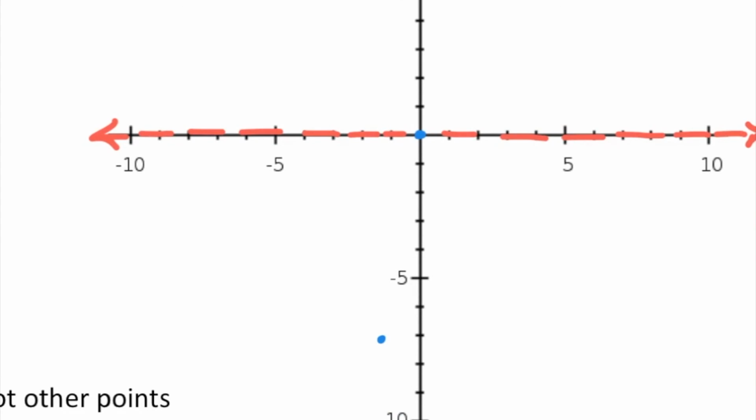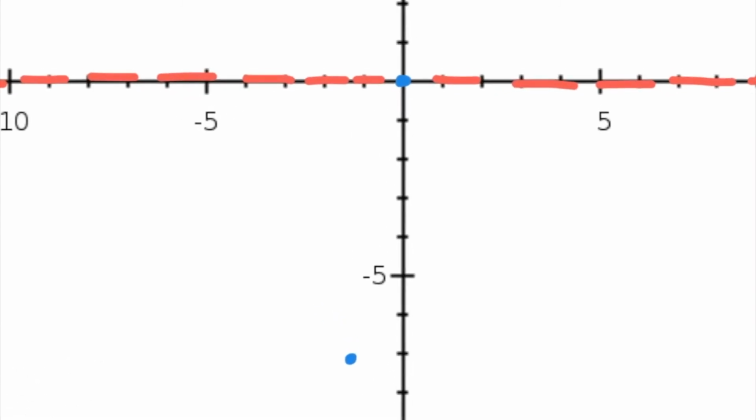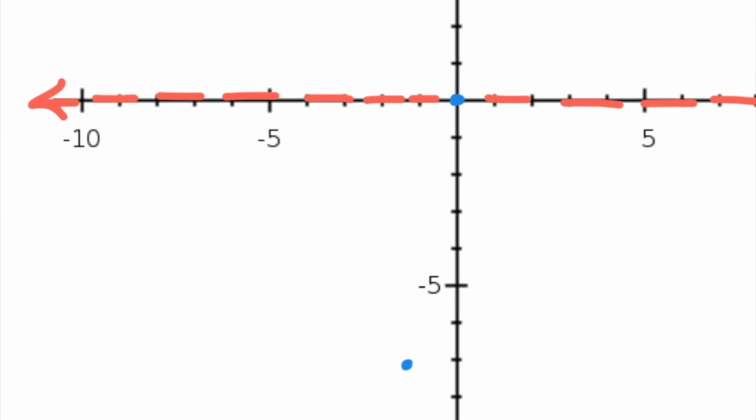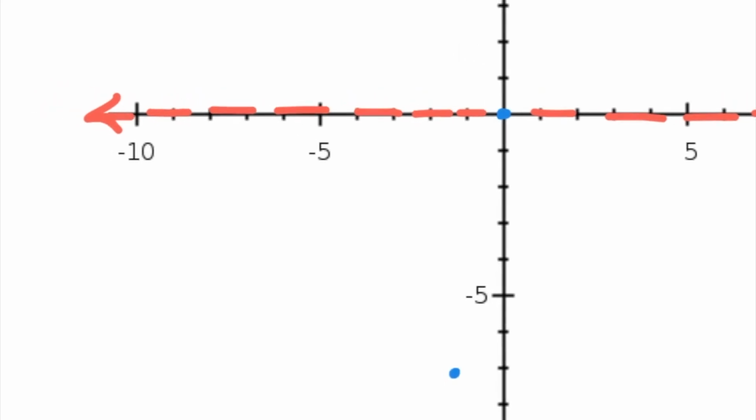And then the other points that I can graph: if I went out all the way to -10, I didn't do this ahead of time, but that would be about -1.9. Then -5 is -3.7, and -4 is -4.4, -3 is -5.4, -2 is -6.6.